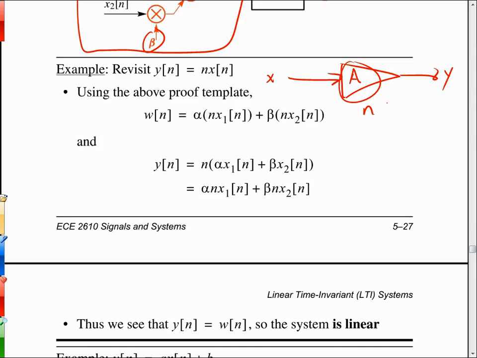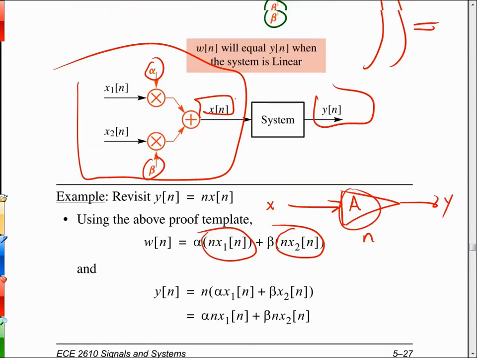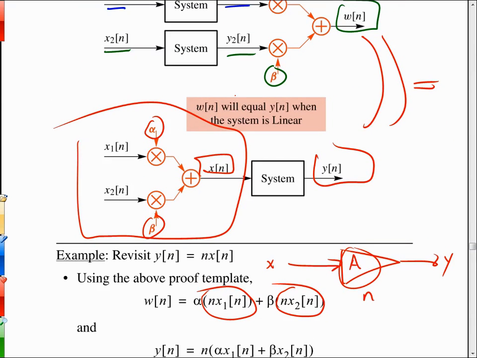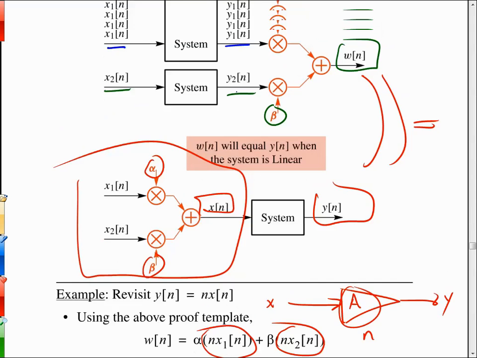We let our system operate on x1, so this is the response we get when we apply x1 by itself. x1 applied to the system comes out all by itself as n times x1 of n, and x2 applied to the system comes out as n times x2 of n. We're doing this first block diagram up here.